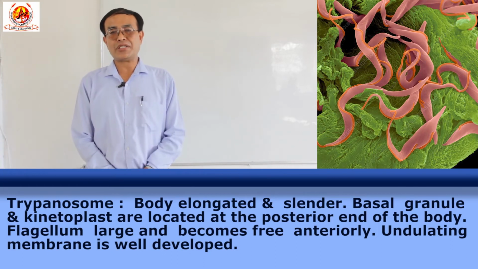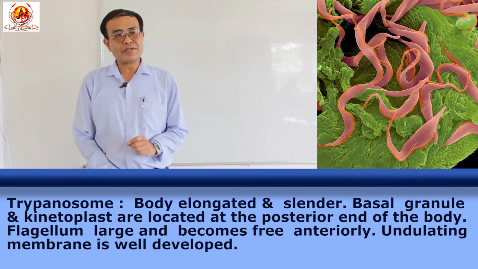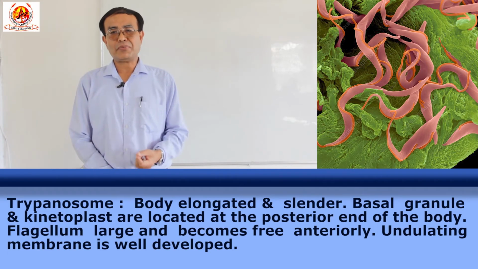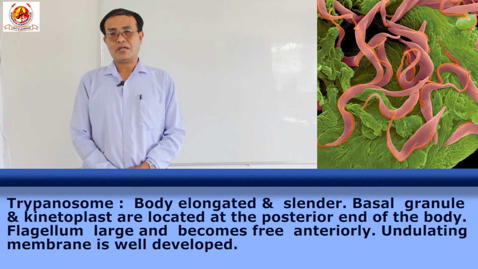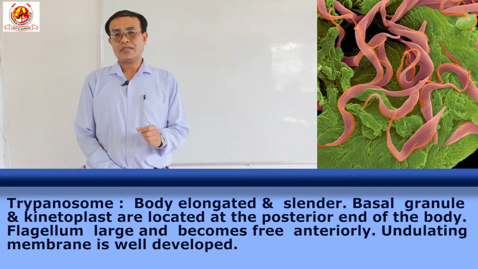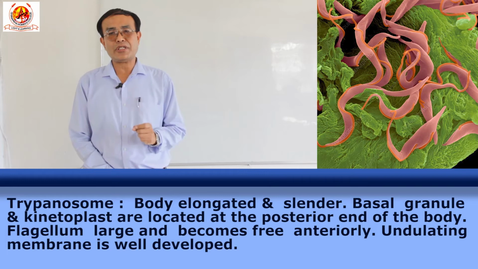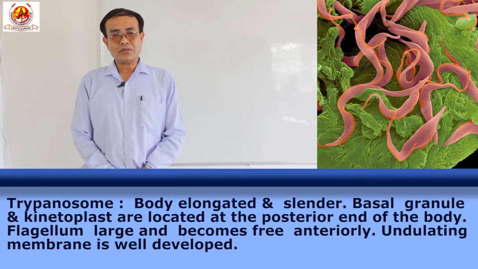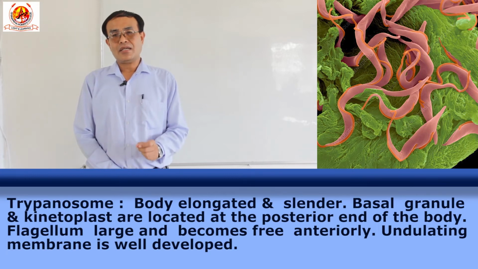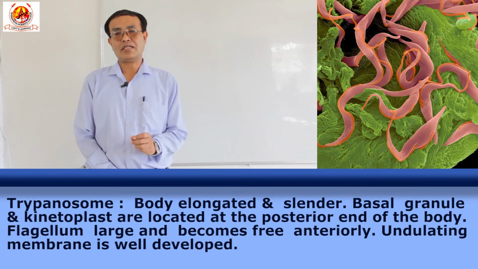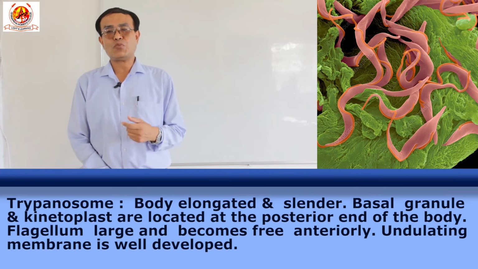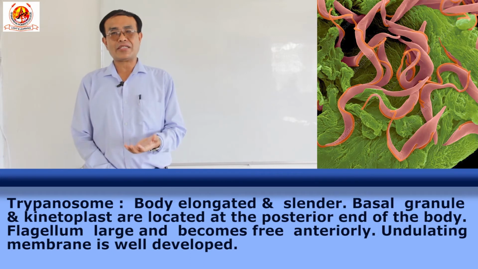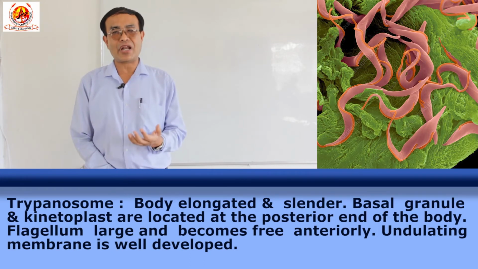The body is slender and elongated, and the basal granule and kinetoplast are located at the posterior-most part of the body. From the basal granule the flagellum arises, runs a long way towards the anterior-most part of the body, and hangs as a free flagellum.